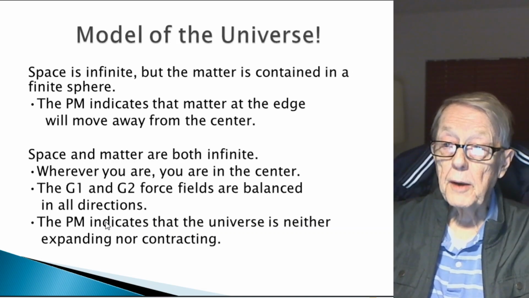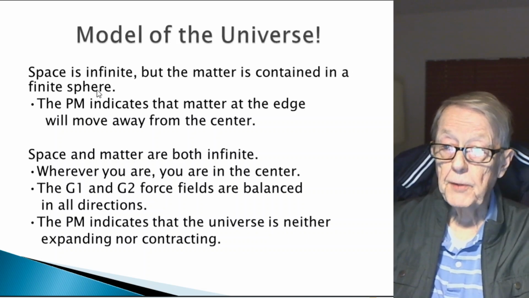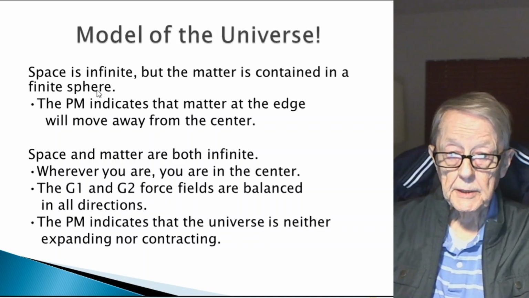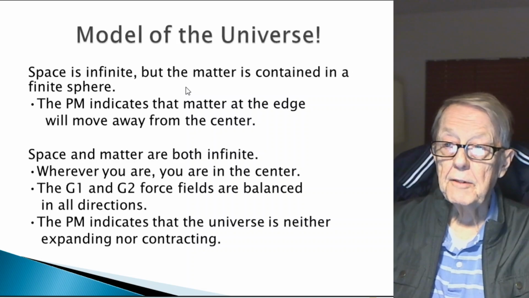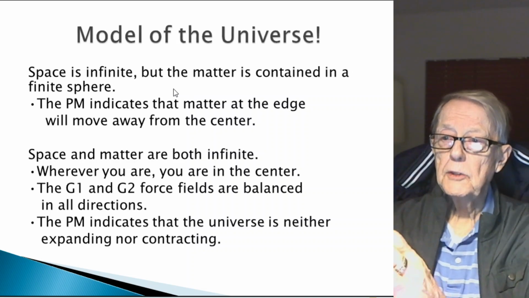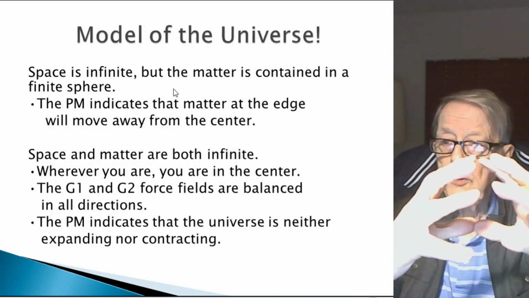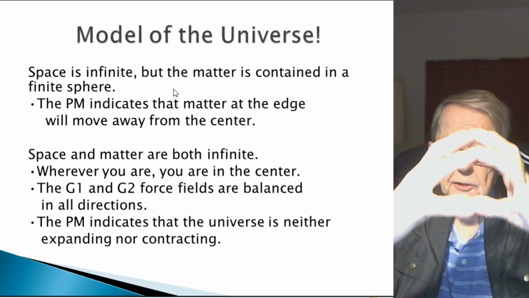Okay, well, one model could be this. Space is infinite, open space in all directions, but matter is contained in a finite sphere. So space is infinite, but all the matter in the universe is contained in this sphere.